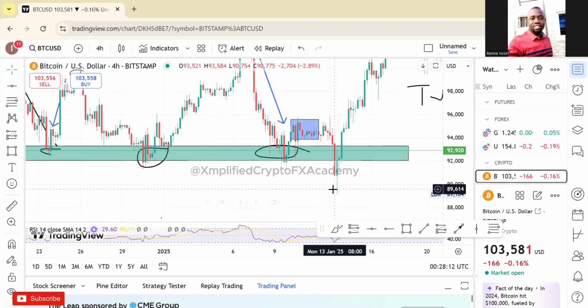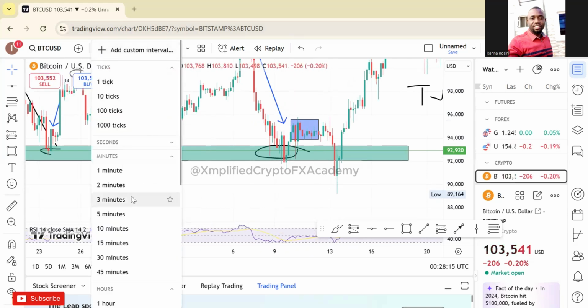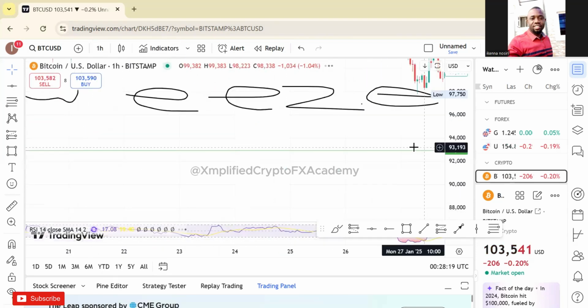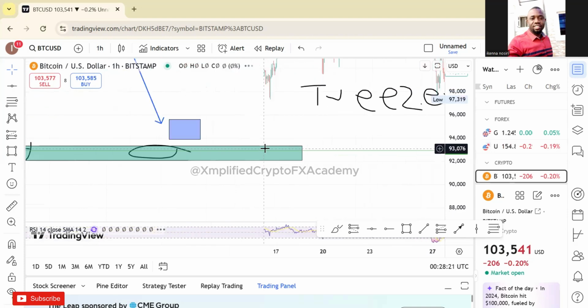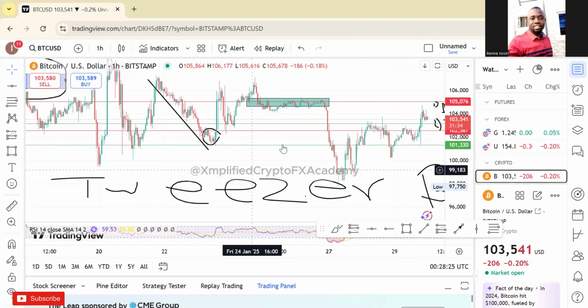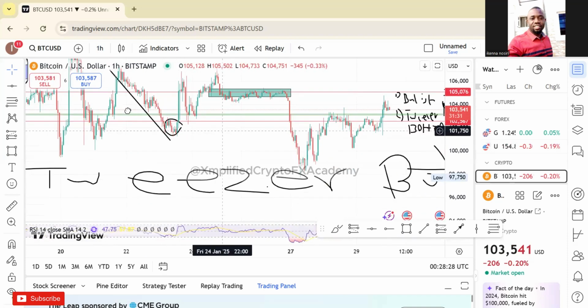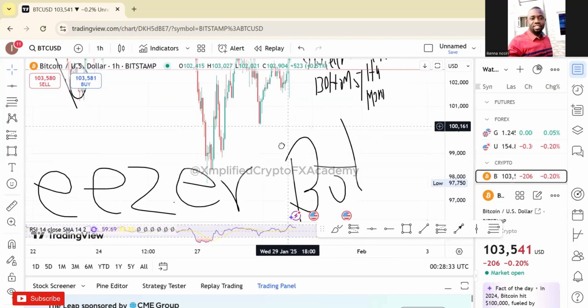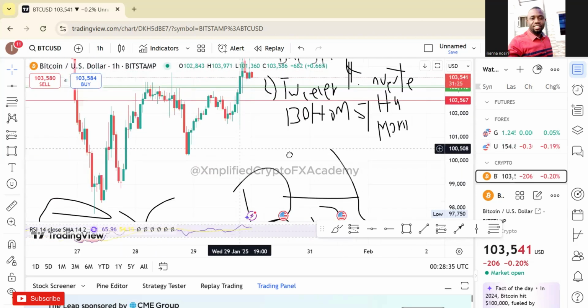Let's find out if we can find one using the 1 hour chart, a chart that shows us a tweezer bottom. I think we found one here.